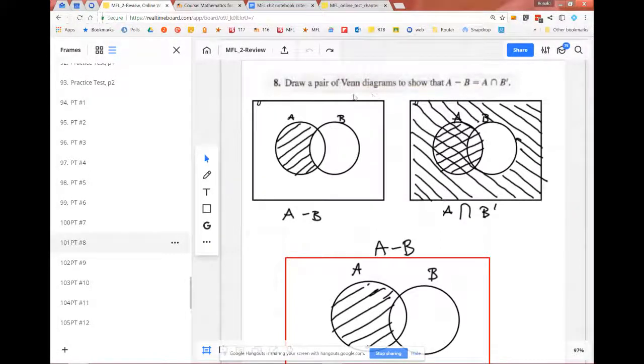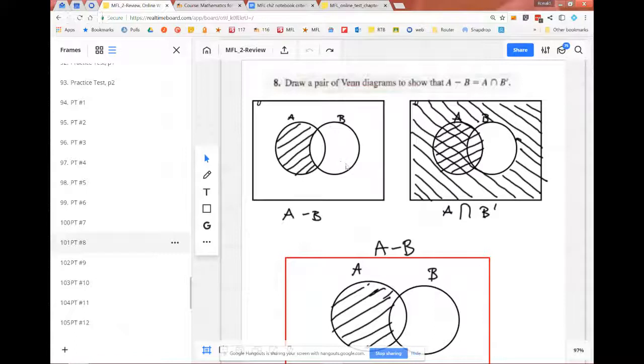So when it says draw a pair of diagrams, that means show me a picture of A minus B, and then in your second drawing, show me a picture of the right side, A intersect B complement. So that's what you see here.